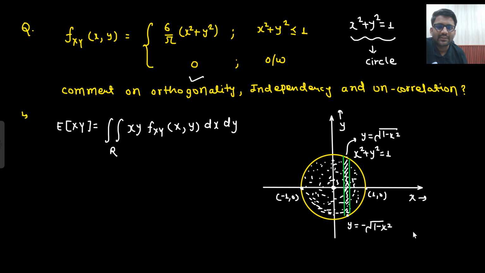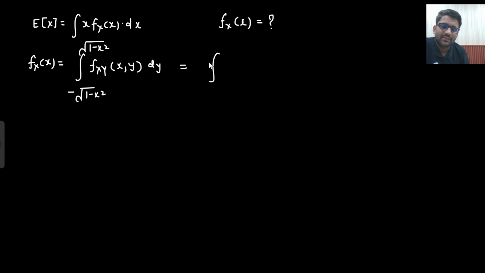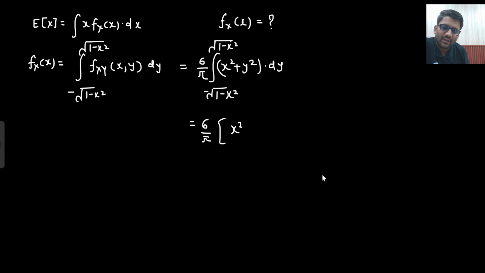So your fxy is 6 by pi times x square plus y square. 6 by pi will come outside, x square plus y square dy, with the limit going from minus under root 1 minus x square to under root 1 minus x square. Basically, 6 by pi, x square dy plus y square dy, with whatever limit is there.